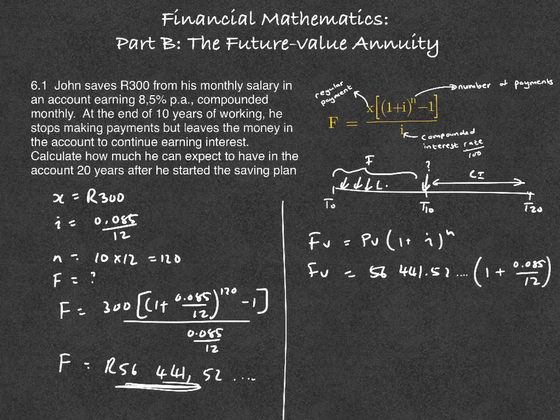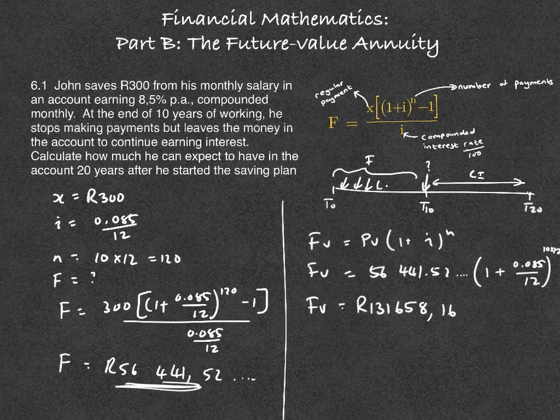So that will be for 10 years monthly, so 10 times 12, because the interest grows monthly. So then that is going to equal 131,658 rand and 16 cents.